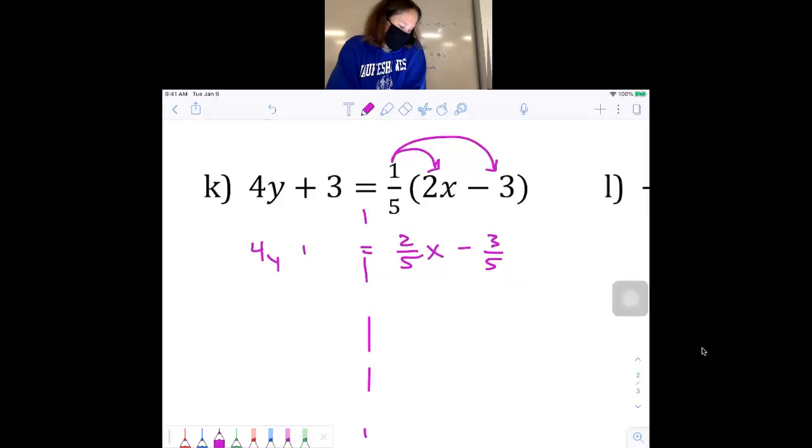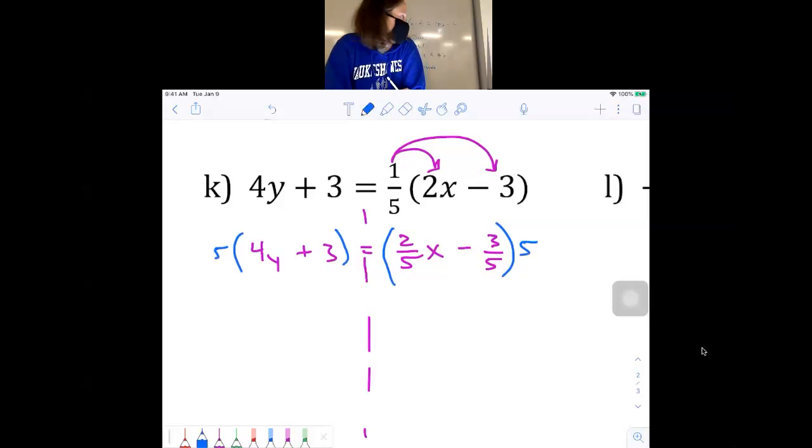Well, this one wasn't as nice as the last one, where the fraction kind of disappeared for us. So you have an idea, Brady? There you go. Just like that? Perfect. Let's get rid of those fractions.